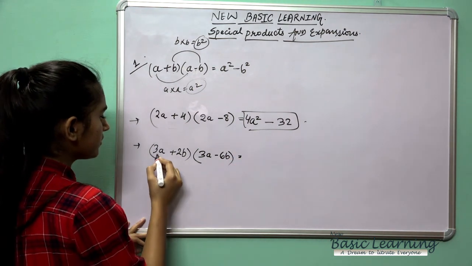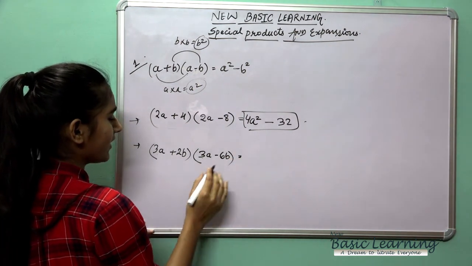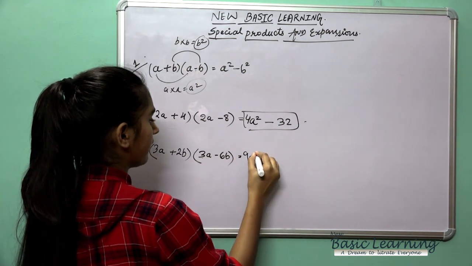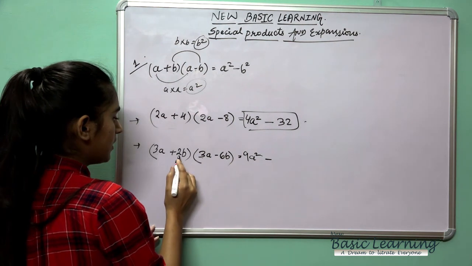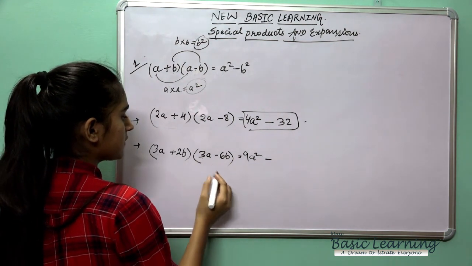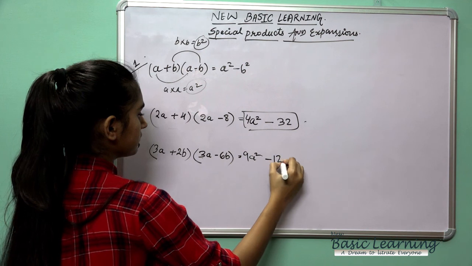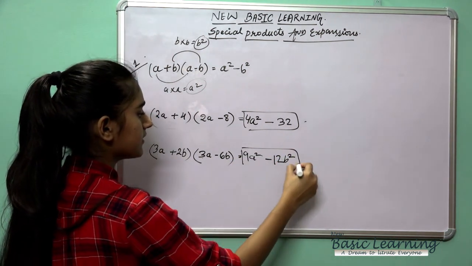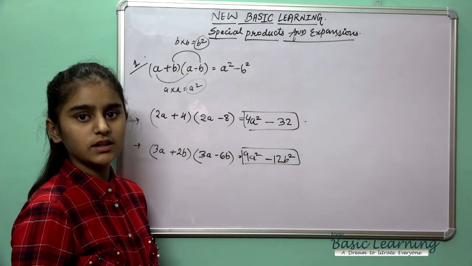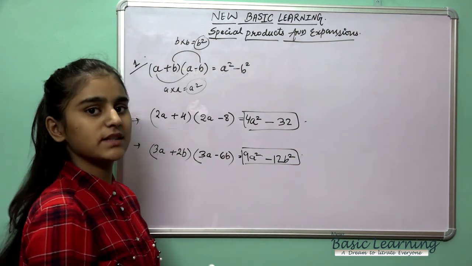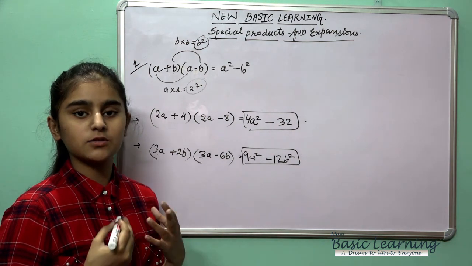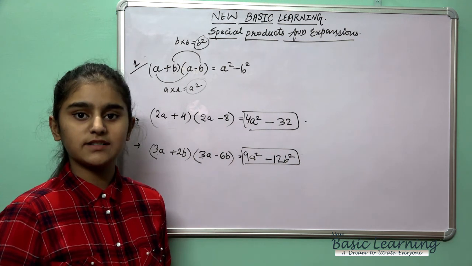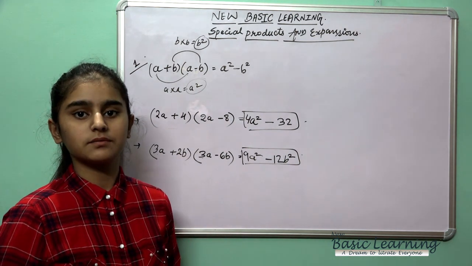Let's calculate. 3 into 3 will give you 9, and a into a gives you a square, minus 2 into 6 gives you 12, and b into b gives you b square. This is the final answer that we get. So I hope this example is clear to you, and you can solve the questions related to this formula very easily. Now I will take another formula.